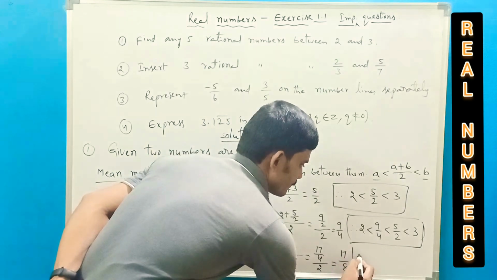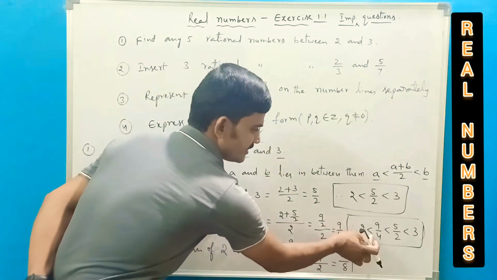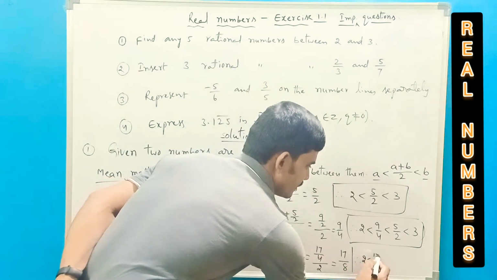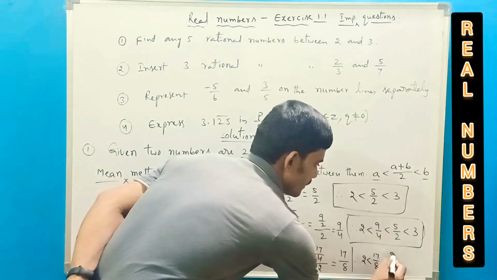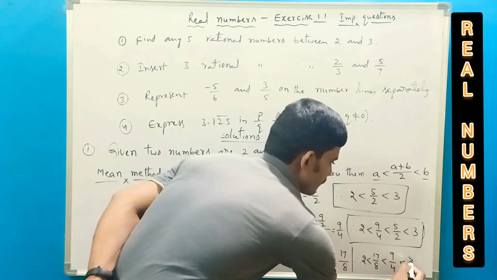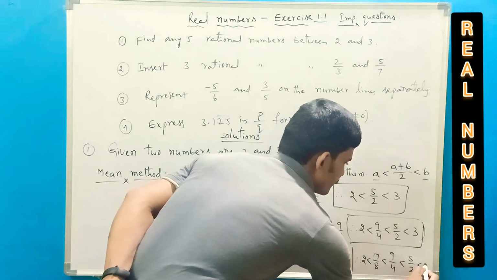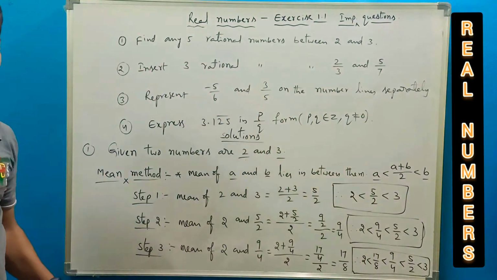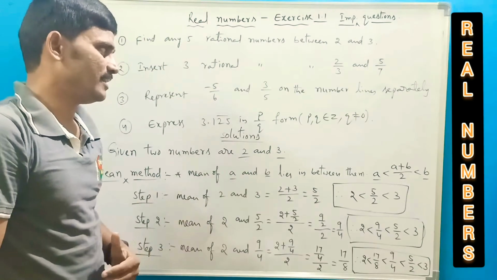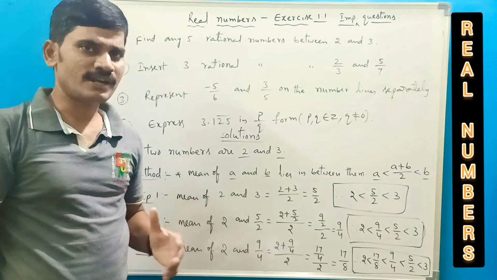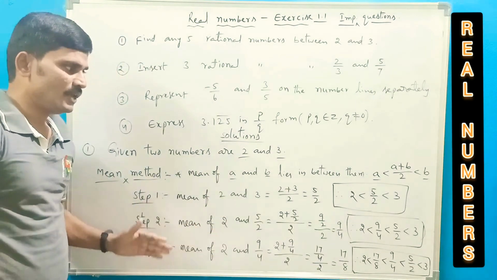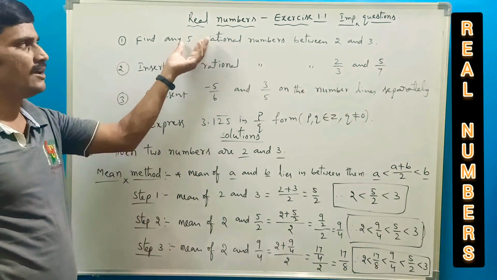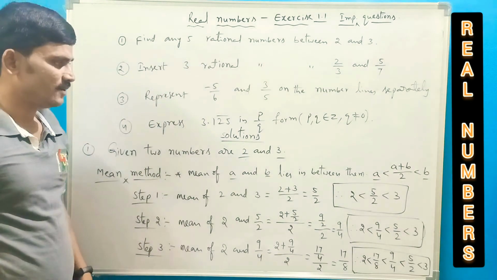Therefore, 17 by 8 lies in between 2 and 9 by 4. 2 less than 17 by 8 less than 9 by 4 less than 5 by 2 less than 3. So, by third step, we have inserted 3 rational numbers. Similarly, if you follow 2 more steps, you can insert 2 more rational numbers so that you will get the 5 rational numbers. Okay?